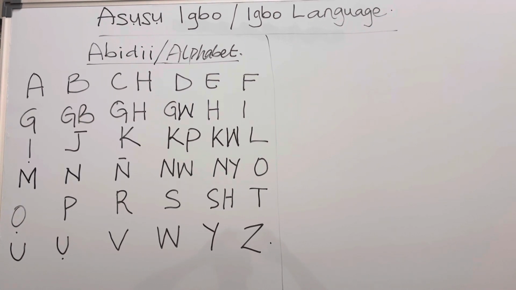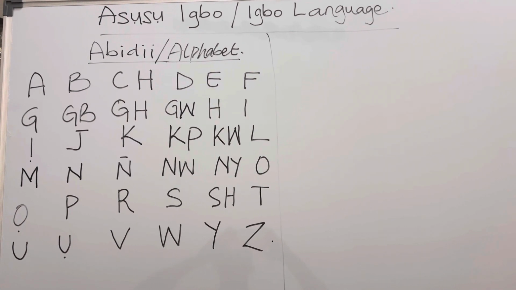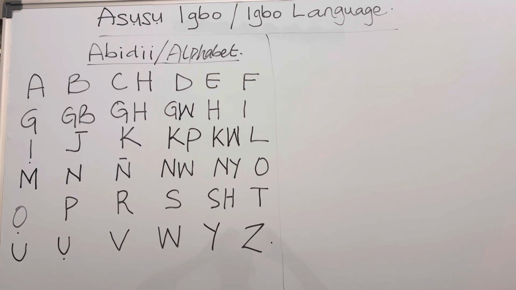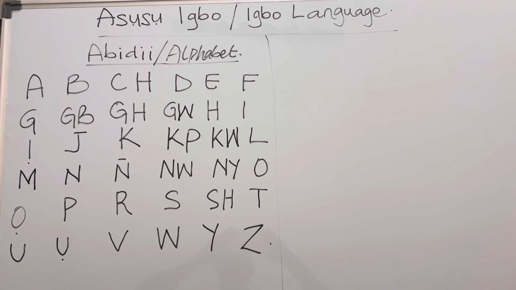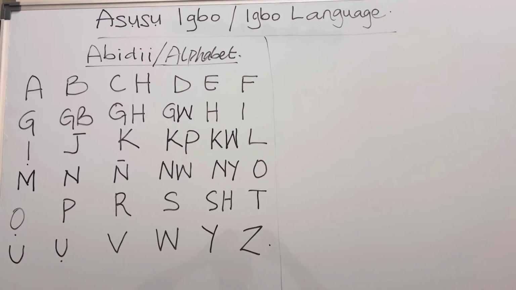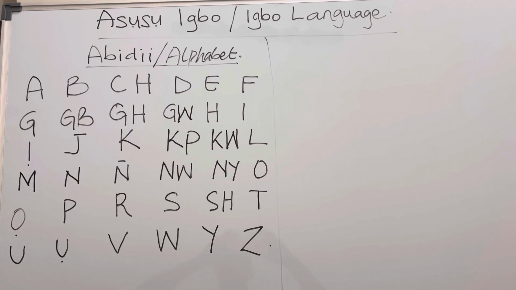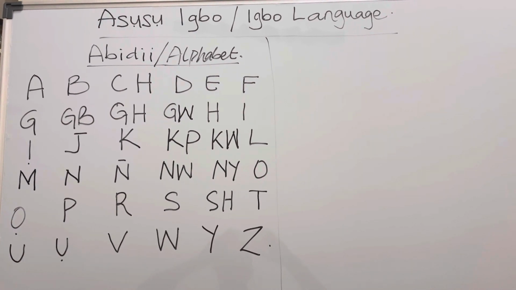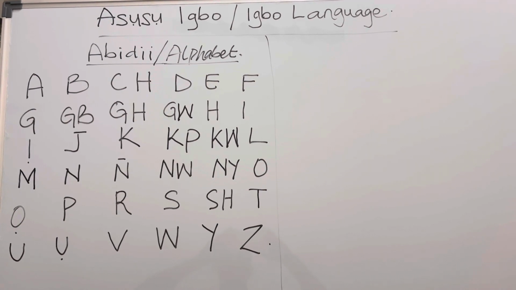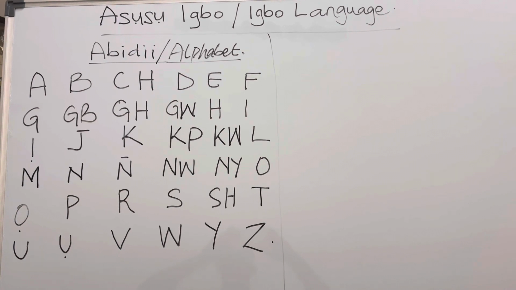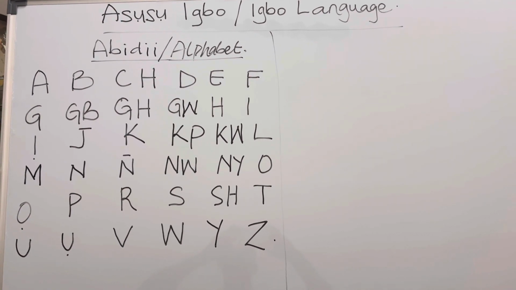Before you will be able to understand any language, you must first learn and understand the alphabet so that you will be able to put the letters together to make sense, to make a word. So let's start first with the alphabet. We are going to go through it together. Now let's go.